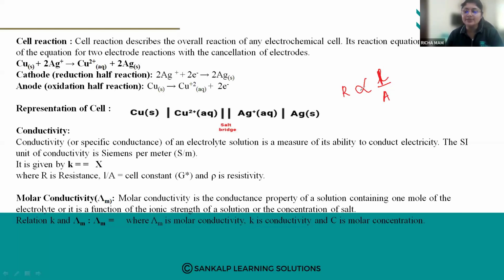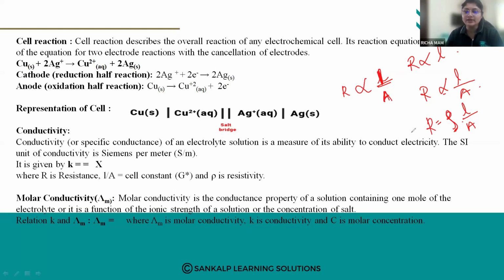So R is directly proportional to the length and inversely proportional to the cross-sectional area, so it is given as L by A. If you remove the proportionality sign, then you have to introduce a constant, that is rho, which is the resistivity.